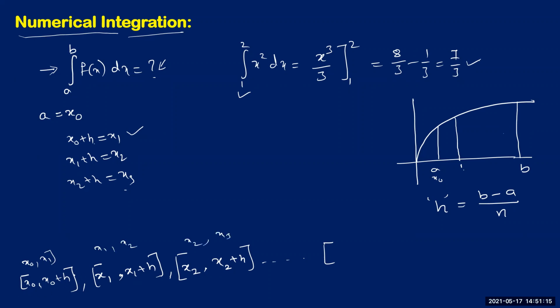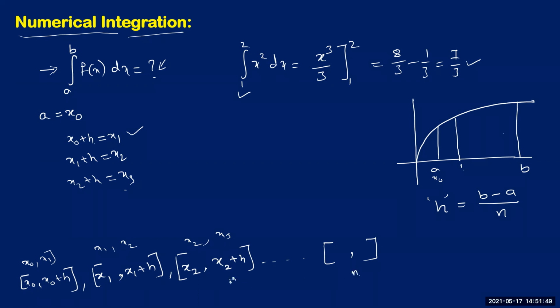Now look at these endpoints in each subinterval. In the first subinterval, the last point is x1. In the second subinterval, the last point is x2, and in the third subinterval, the last point is x3. In a similar way, what may be the last point in the nth subinterval?